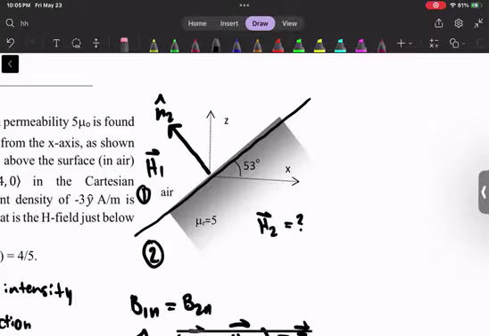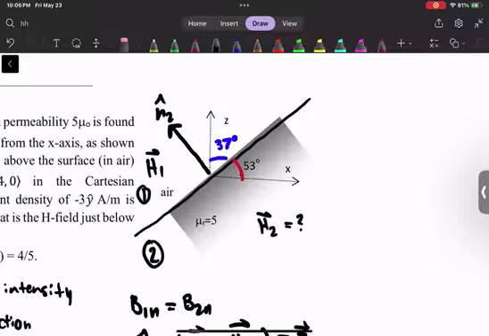We know that this right here is 53 degrees. If this is a right triangle, this is going to be, I believe, 37 degrees. So this right here is going to be 37 degrees.